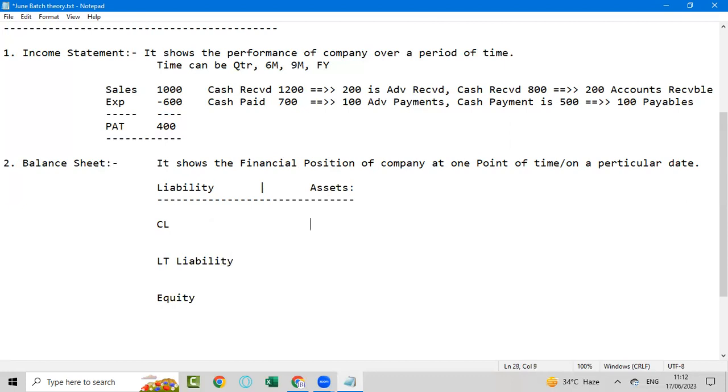Then on the asset side, we have current assets and long-term assets. If you add them up, you will get total liability and equity here and total assets here. These total assets and total liability and equity should always be equal.